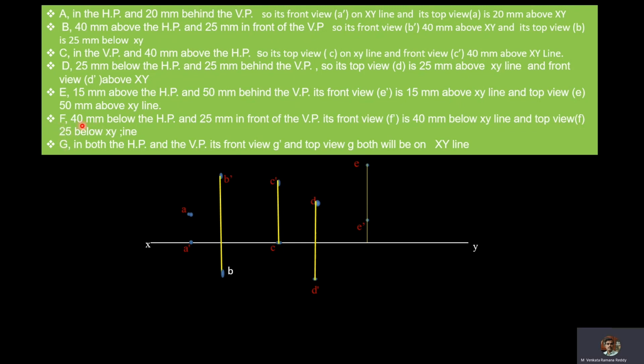Next, F 40 mm below the HP, 25 mm in front of the VP. That means this point is in the fourth quadrant. So both the views come below the XY line. F dash is 40 mm below the XY line, and the top view F is 25 mm below the XY line.